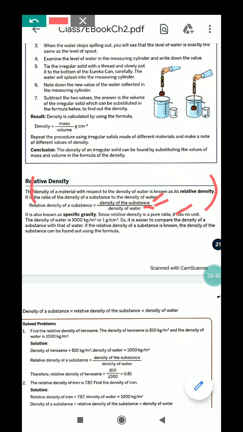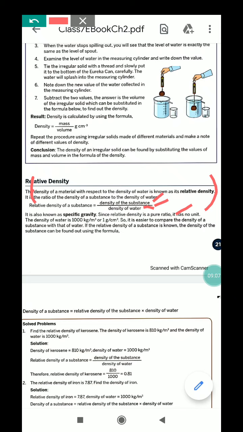The density of water is 1000 kg per meter cube or 1 gram per centimeter cube. So in 1 cubic centimeter, the weight of water would be 1 gram, and in 1 meter cube, the weight of water would be 1000 kg.